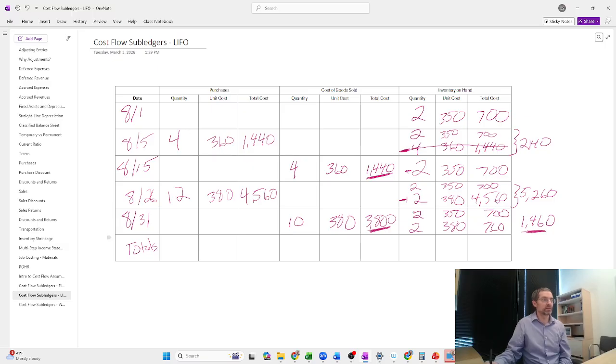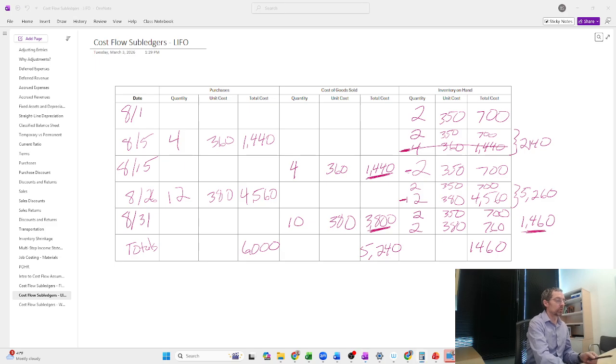All right, so let's do our totals now. We still spent $6,000 on purchases. Again, that doesn't change between LIFO and FIFO. What has changed, though, is our cost of goods sold, $5,240, and our ending inventory, which is $1,460. Now, if we add these 2 together, I'm just going to do some quick math. Our total of cost of goods sold and ending inventory is 6,700.